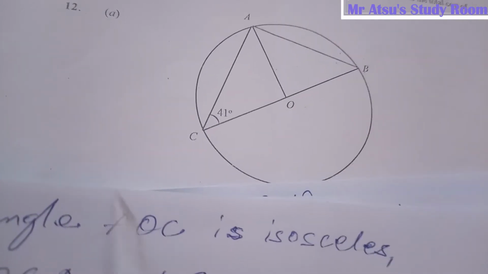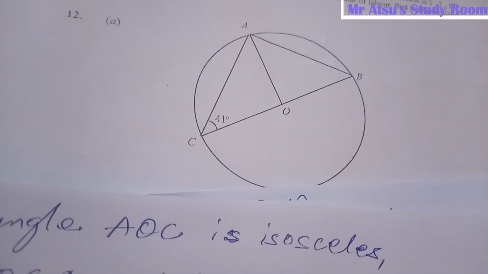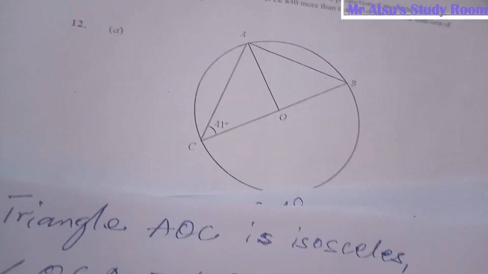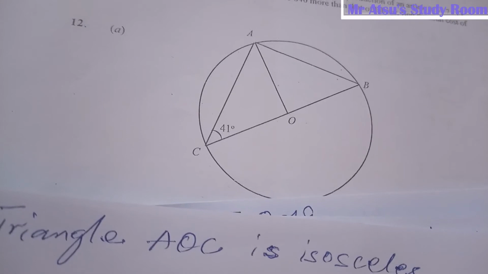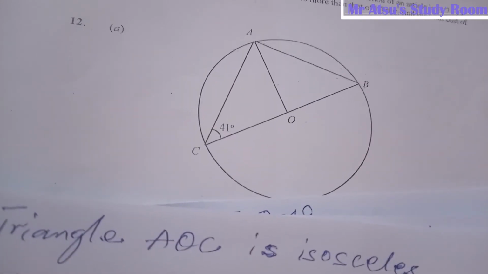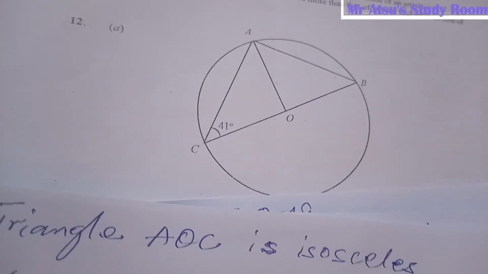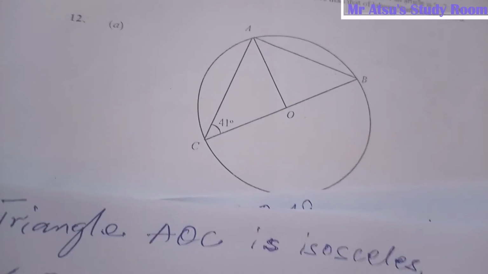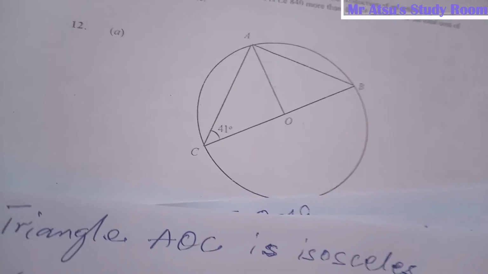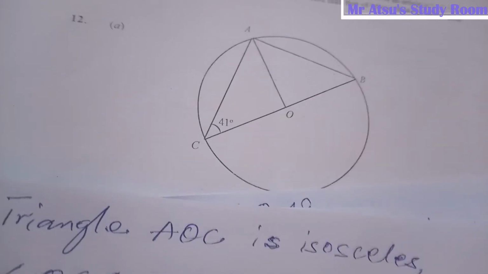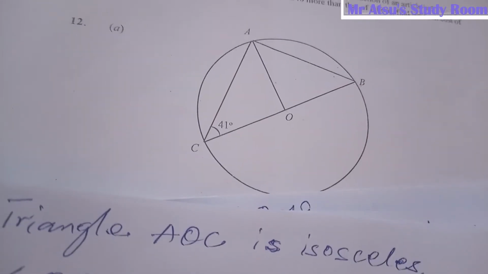And I explained that it's because they are on a straight line, angles on a straight line. And now we know our AOC to be 98 degrees plus angle BOA, which we are looking for, to give us 180 degrees.